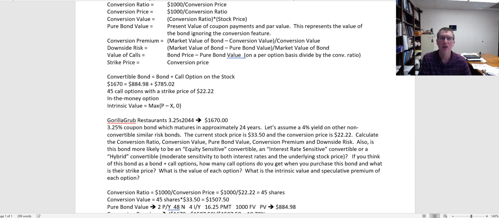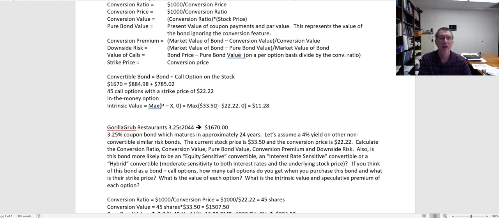In this case, the current stock price is $33.50. Strike price is $22.22. Which gives us a value of $11.28.